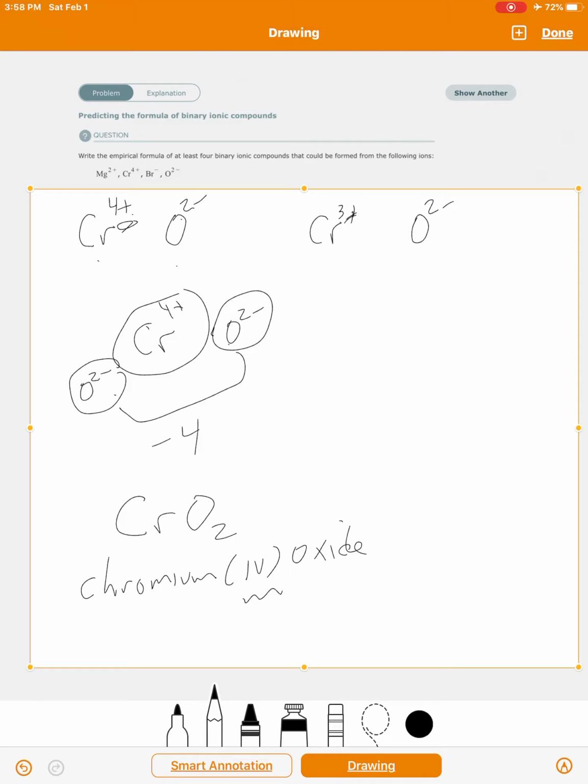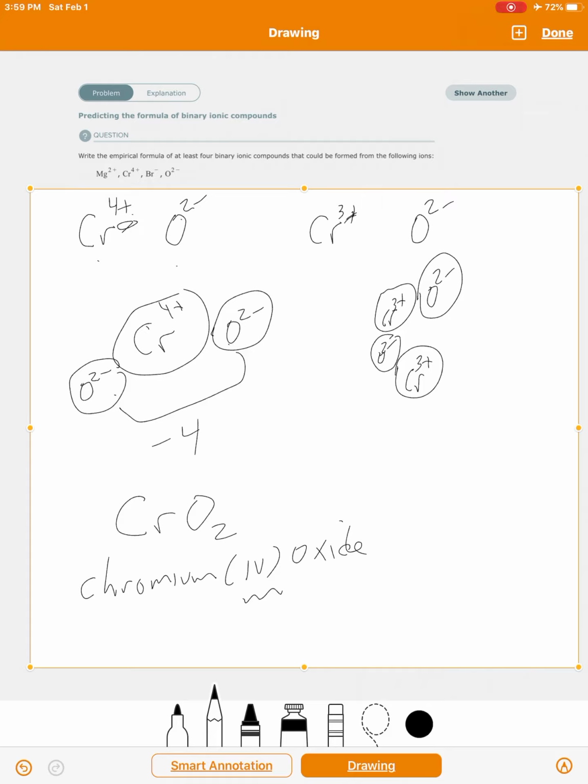But here's the way to think about it. If chromium is +3 and oxide is -2, one way to deal with this is to say, okay, let's put a second oxide in there. But now we have more negative than we have positive. Well, then add one more positive. So another 3+.